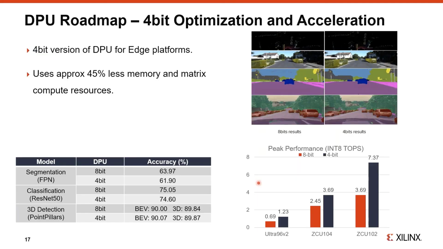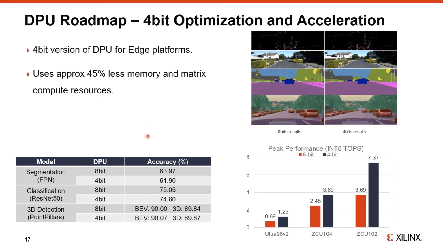One thing that is coming down the pipe, we've actually published a white paper about this. We're still a little bit early to be able to give you access to this in Vitis AI, but we are actively working on bringing to the market a 4-bit DPU. All the other DPUs I've talked about so far are 8-bit DPUs.